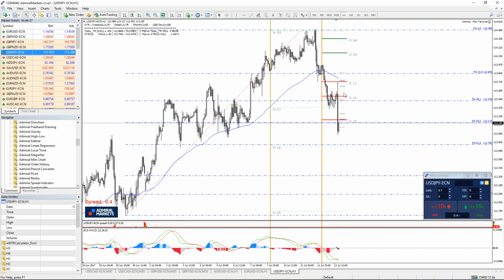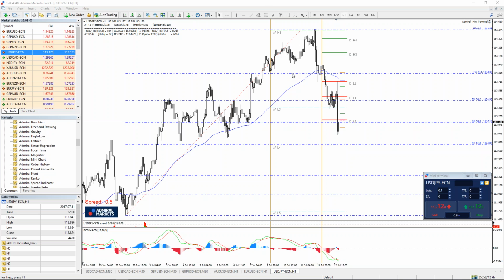This could be a good level to sell, but simply because we will have an important event and speech, I don't want to touch dollar yen at this point. Simply because of that, nothing more, nothing less. You need to be very careful.